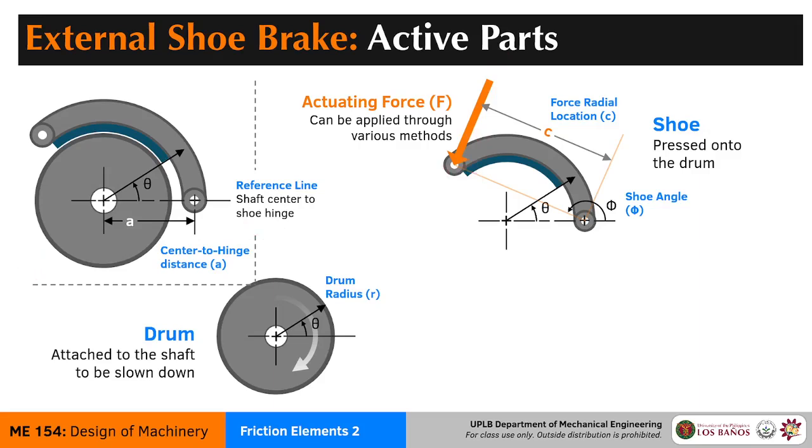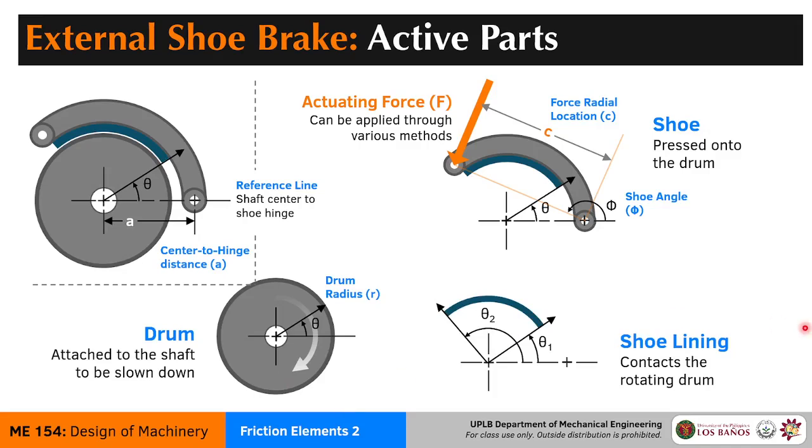All right, so that's the shoe, and then we have the shoe lining. The shoe lining is here. Although it's attached to the shoe, its geometry is more connected to the drum. So we define its contact area as the difference between theta 1 and theta 2, rather, theta 2 minus theta 1. That is the contact.